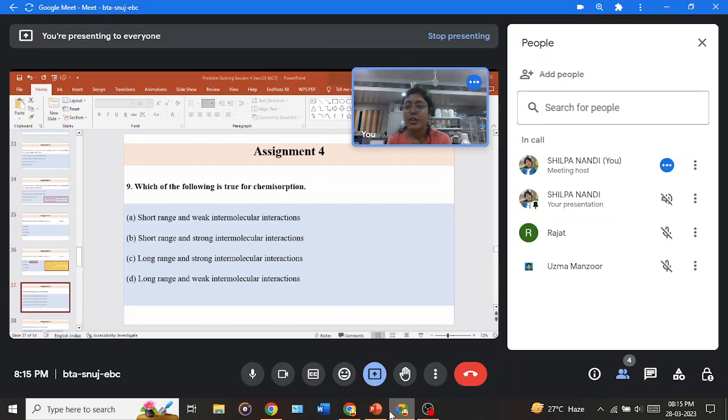So your options here are, option A is short range and weak intermolecular interactions. Option B is short range and strong intermolecular interactions. Option C is long range and strong intermolecular interactions. And option number D is long range and weak intermolecular interactions.